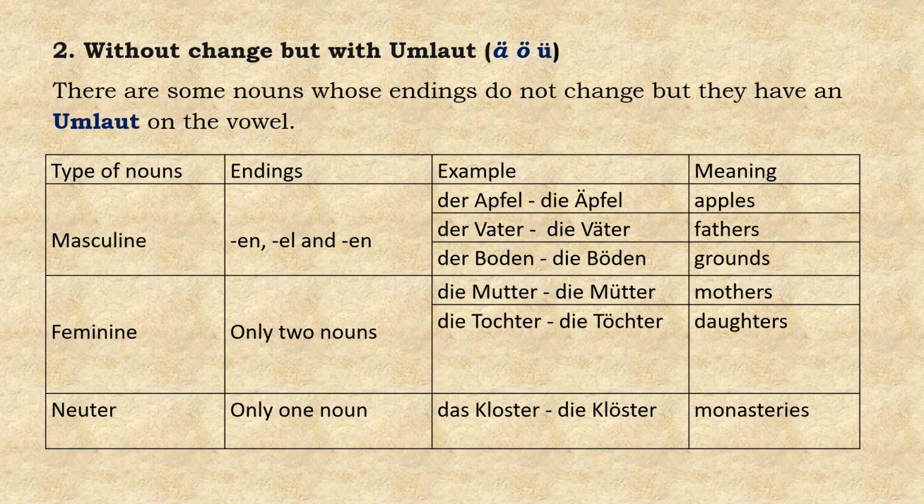In feminine, there are only two nouns: die Mutter, die Mütter, die Tochter, die Töchter. And in neuter, there is only one noun: das Kloster, die Klöster.